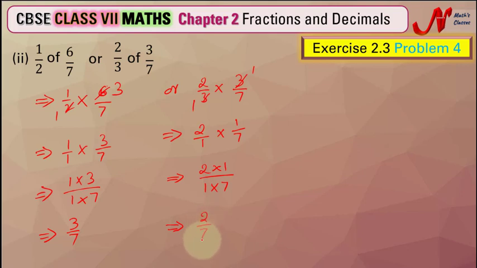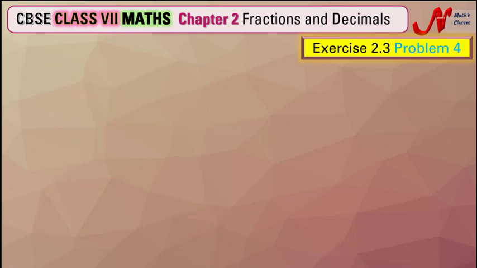In the resulting fractions, 3 by 7 and 2 by 7, denominators are the same. So we compare the numerators. So we can say 3 is greater than 2.